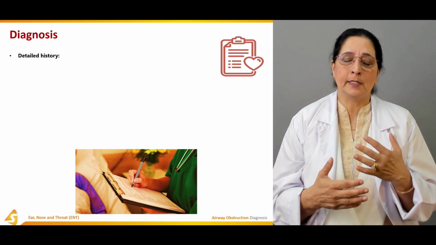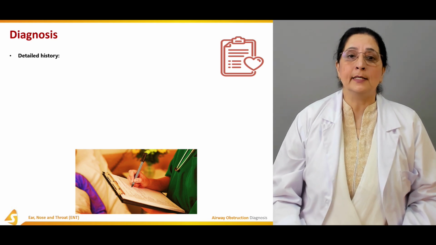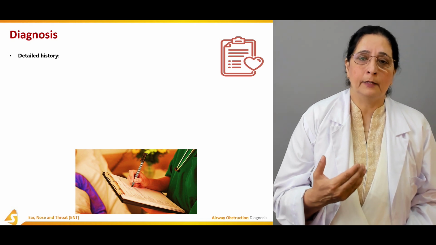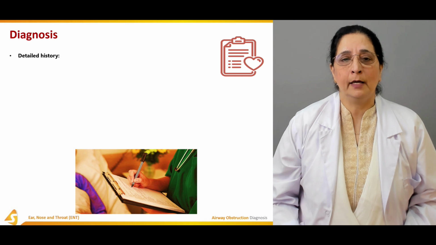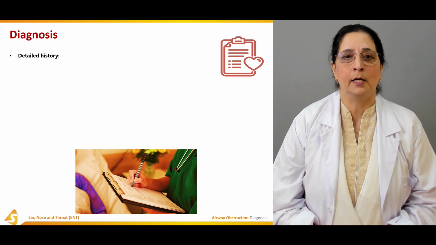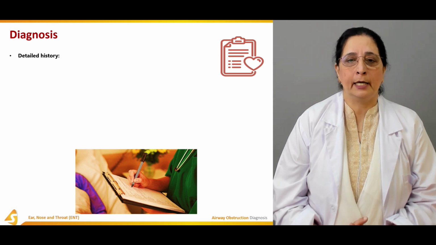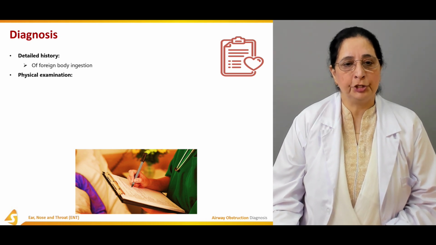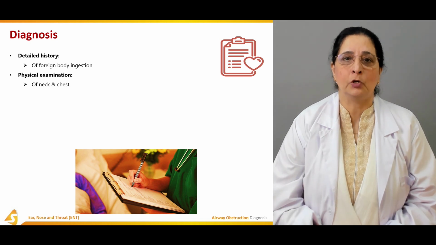Always ask the person, and if it's a small child, ask the parents, what they were playing with, and what different things are present in the area they were sitting or playing. All these questions are important in the history to find out what it can be. Then history of foreign body ingestion, then physical examination of the neck and chest should also be done.